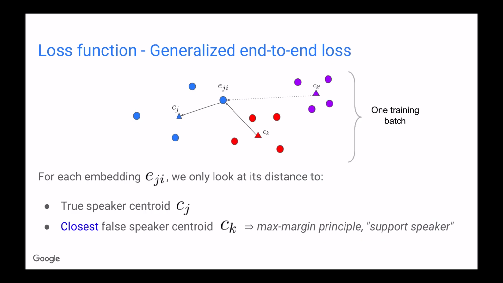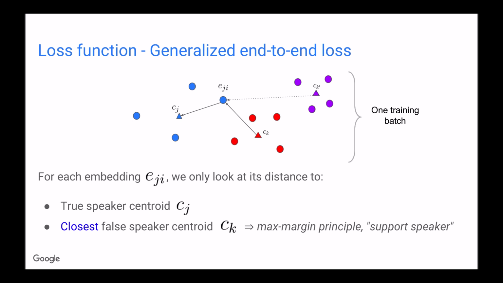That's why in 2017, we proposed the generalized end-to-end loss. In this approach, we train our model on batches, and in each batch, for each embedding, we only look at its distance to the true speaker centroid and the distance to the closest false speaker centroid.